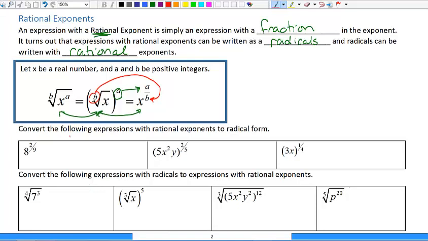First, we will practice converting the following expressions with rational exponents to radical form. We have 8 to the 2/9. So if I want to convert this to a radical form, well, first you need to make a radical symbol.